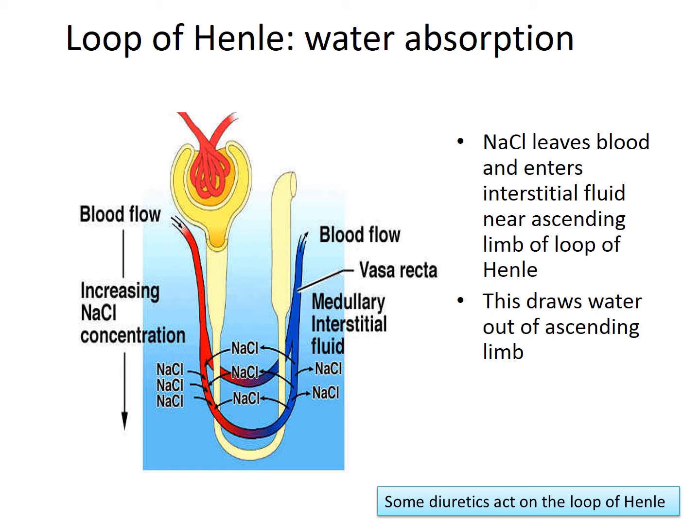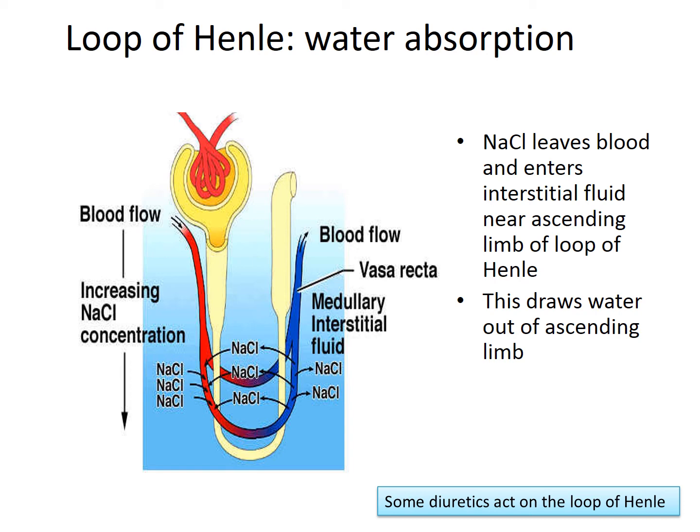Most of them that are used increase the effectiveness. Actually, I should rephrase that. I was going to say increase the effectiveness of diuresis. They're actually decreasing the effectiveness of the loop of Henle so that less water is reabsorbed and more water is present in the urine.